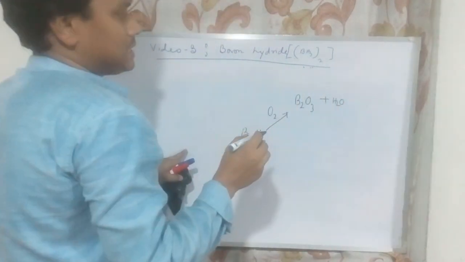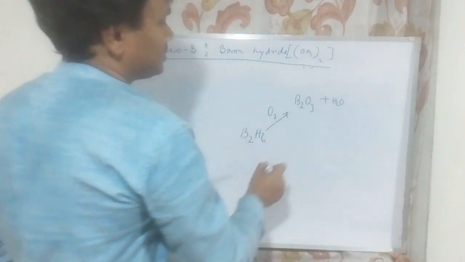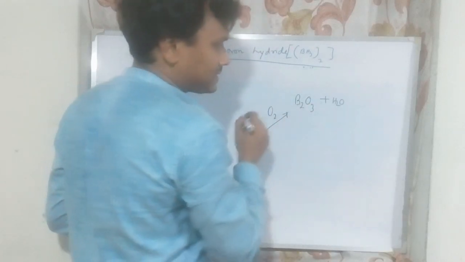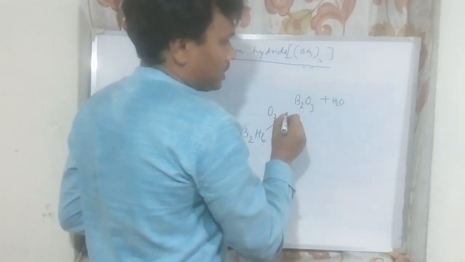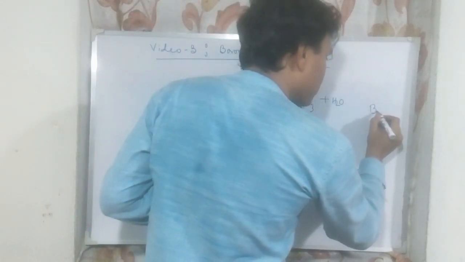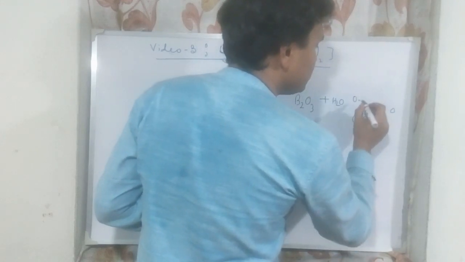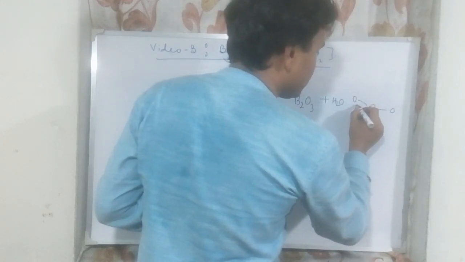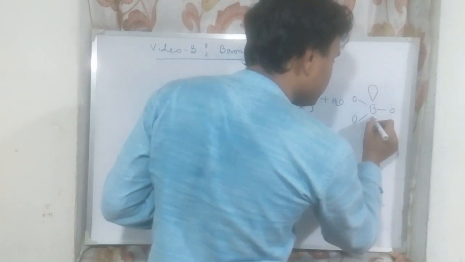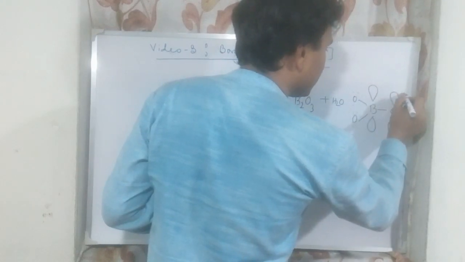This B2O3 is the most stable boron oxide, and this boron-oxygen bond has a unique stability because boron is a sextet in nature. So if it forms a bond with oxygen, then it decreases its electron deficiency, because we know that boron has a vacant p orbital and oxygen has an electron-filled p orbital.